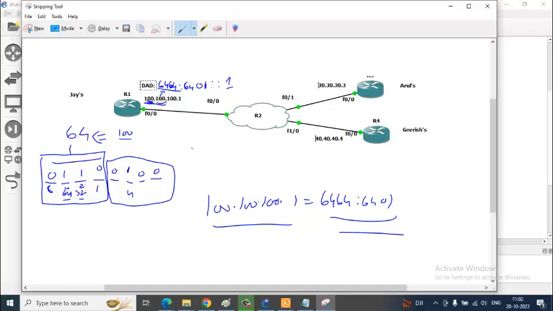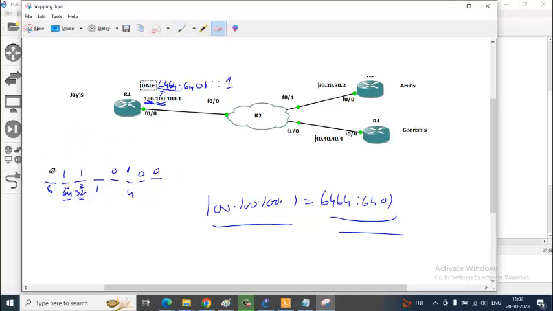Okay, so we got this. Likewise, for Arul, it will be 30, 30, 33. Okay, 30, 30, 33 will be like this: 1, 1, 1, 1, 0.